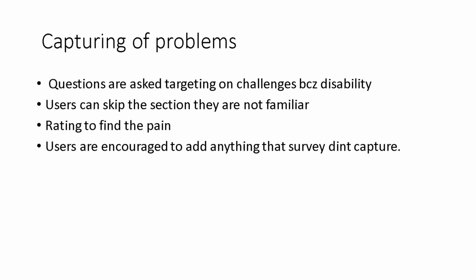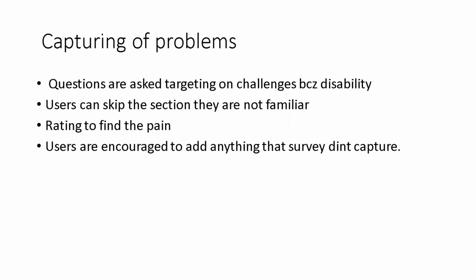We also tried to capture ratings of the problems they identified on a scale of 1 to 5, 1 being the lowest priority and 5 being the most painful task that they feel, so that we can understand the criticality of the problem as well.